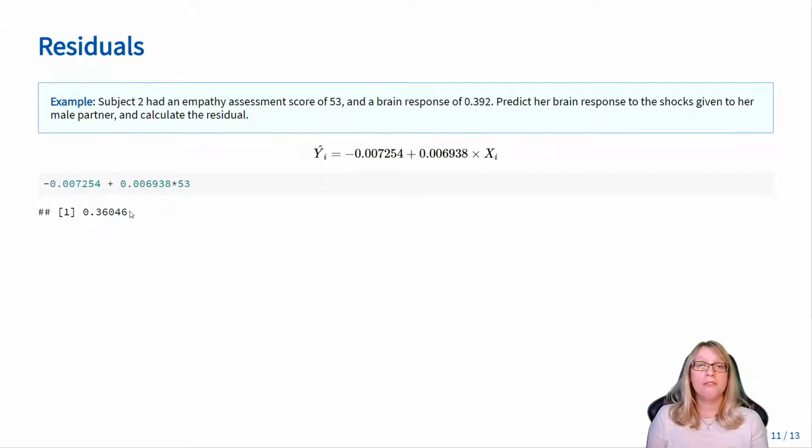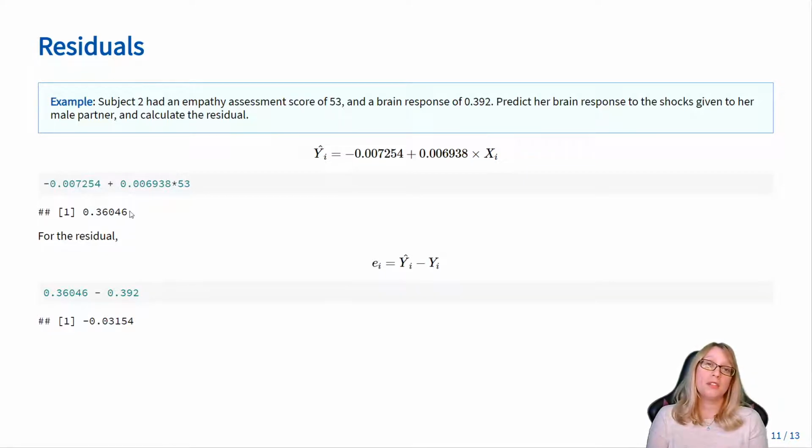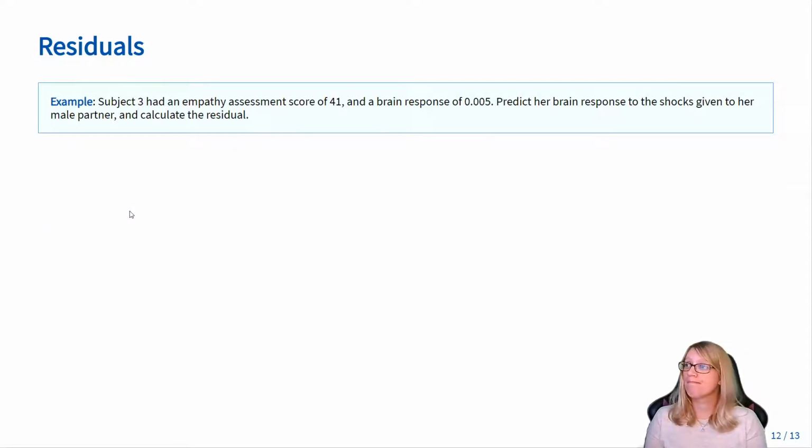We predict that for this subject, we'll see about 36% of the brain activity as we saw when she herself was shocked. For our residual, the predicted value minus the observed value, we'll take 0.36 minus our actual observation for subject 2 of 0.392, and we get negative 0.03. So overall, our predictions were pretty close for subject number 2. Our predicted value was a little bit low. We underpredicted a little for this subject.